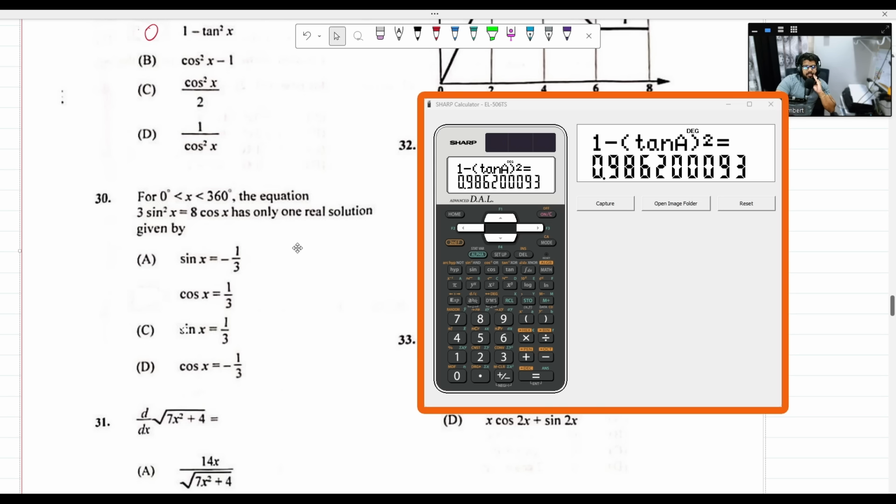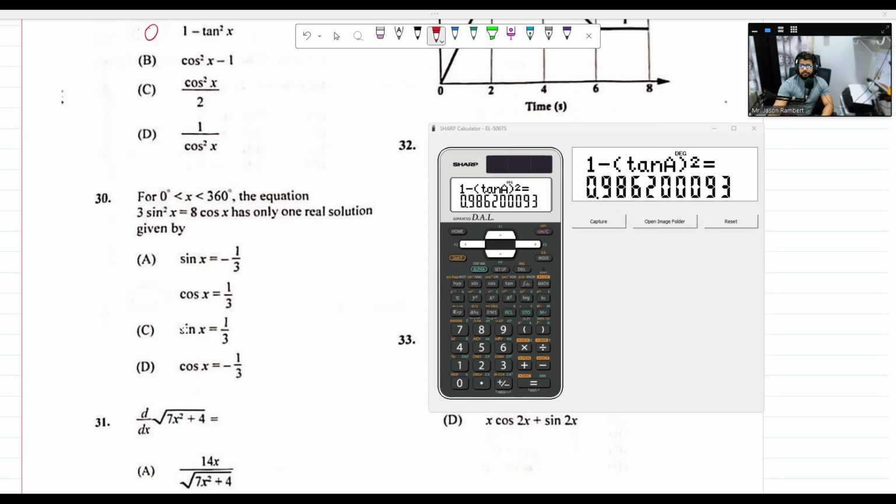For x between 0 and 360, the equation has only one real solution given by, alright, now I'm trying to see an easy way to do this one. Alright, let me go through solving the equation.